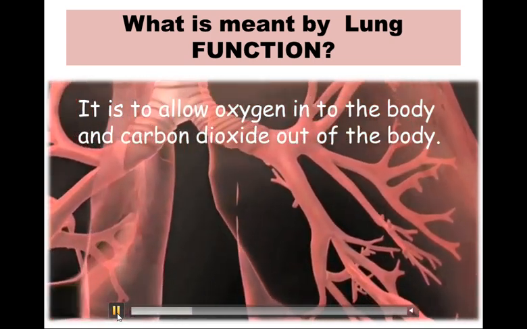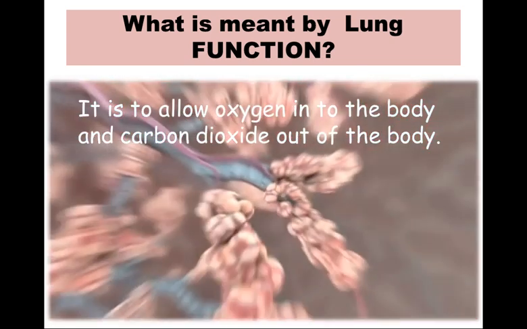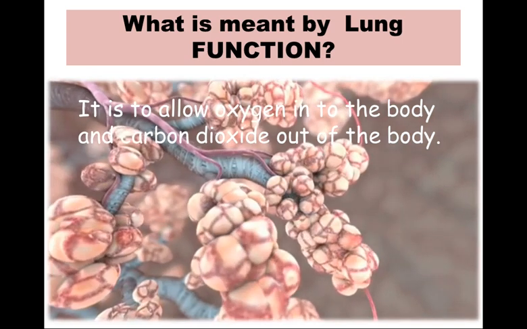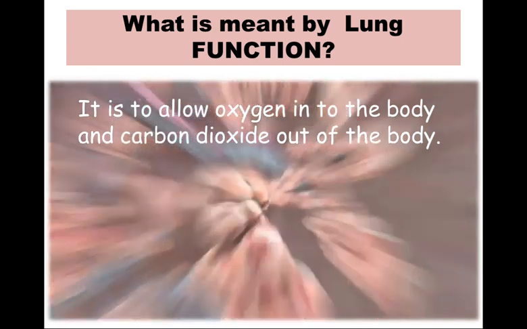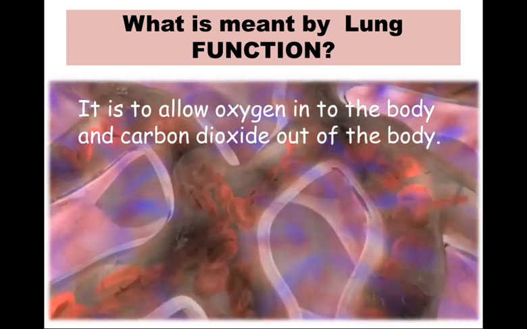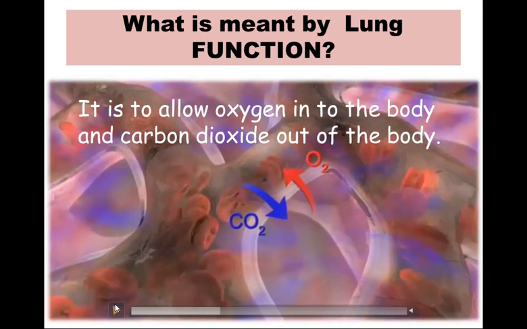These are the bronchi and the terminal bronchioles, which finally end in the sacs called alveoli. You can see the alveoli expanding, and with every expansion, air enters carrying oxygen. That oxygen diffuses into the blood capillaries, and the carbon dioxide diffuses out of the capillaries into the alveolar space.